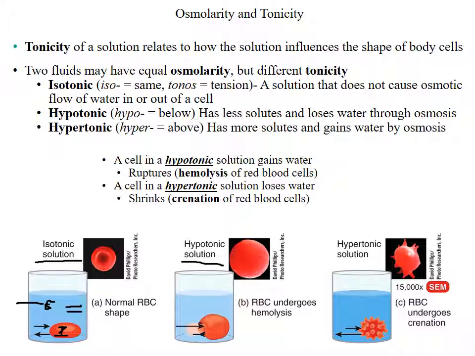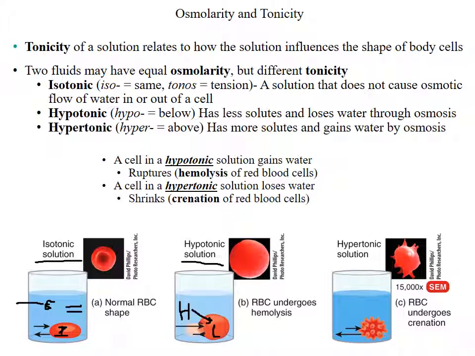In a hypotonic solution, we have an external or extracellular solution that actually has a really high water concentration and an intracellular solution that has a relatively low water concentration. And because of that, water is naturally going to want to go down its concentration gradient from high to low and move into the cell.